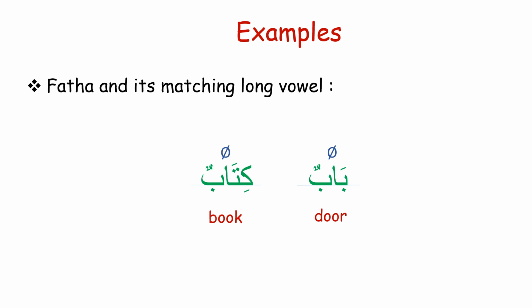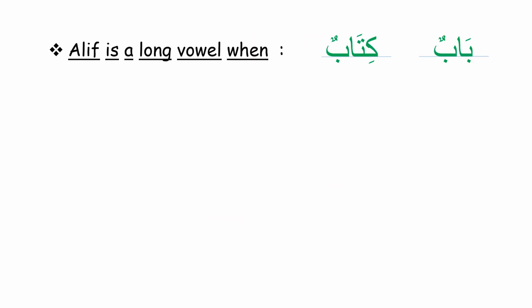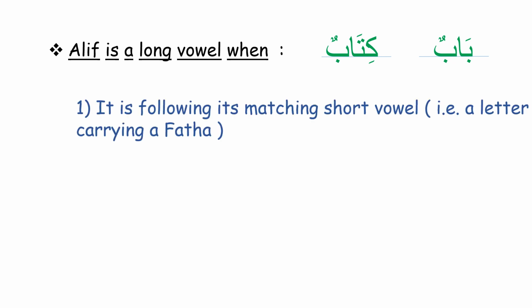That's it. See how simple these three conditions are? Let's now end this lesson by recapitulating all three of them. As you can see here, these are our words. I want you to look at them carefully while listening. In both of these words, Alif is following its matching short vowel fatha.